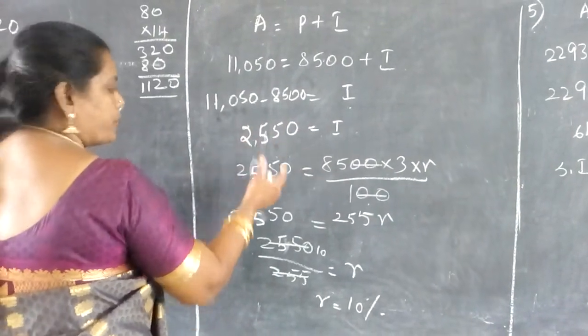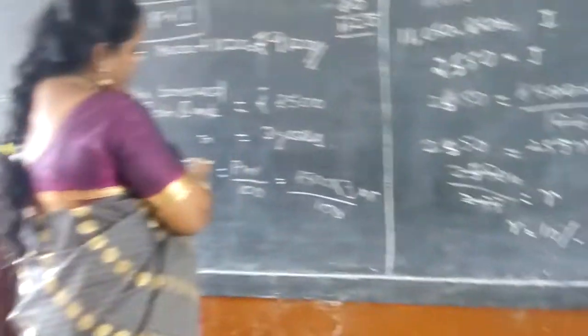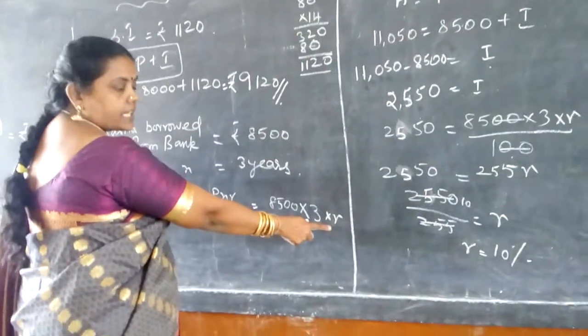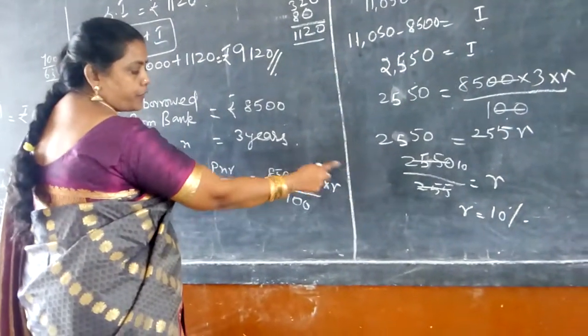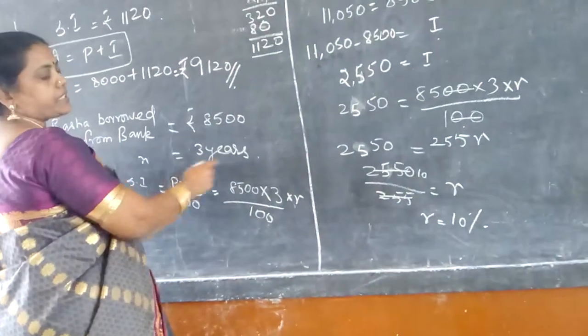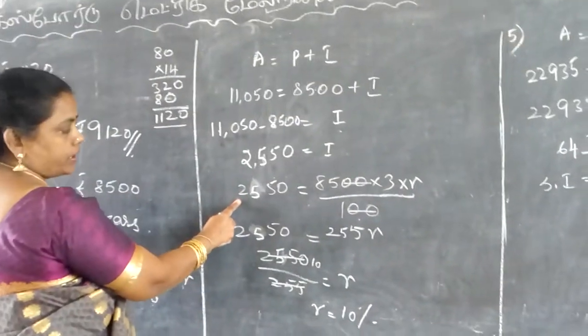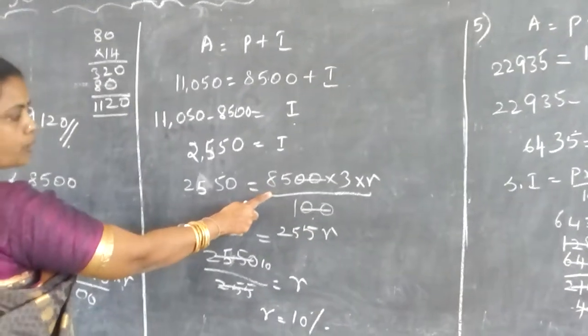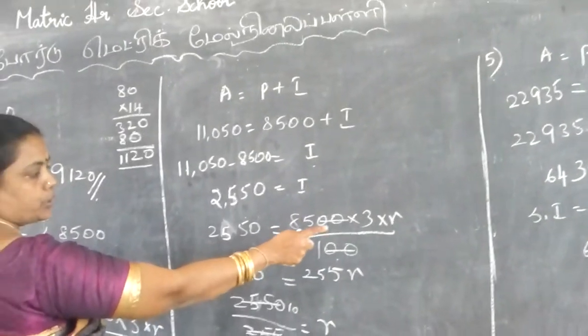Now this value we substitute over here. Understood? Because my aim is to find R, the rate of interest, I have first found the simple interest. So substituting the value, 2,550 is equal to 8,500 into 3 into R by 100.